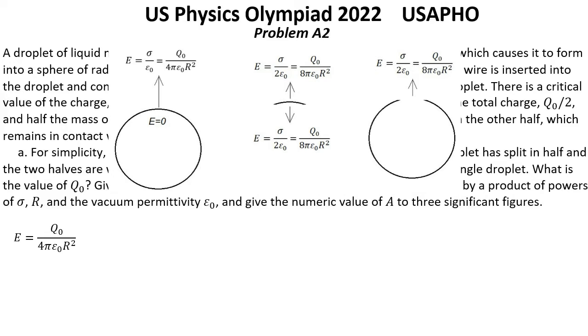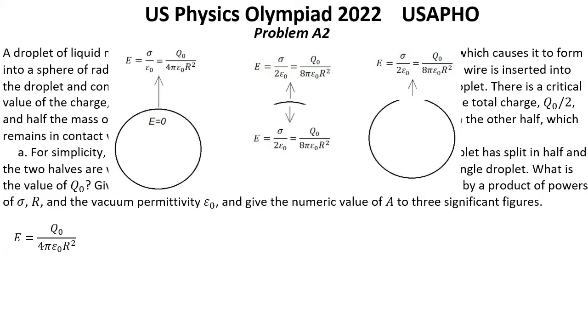We know that the electrostatic field just near the surface of this droplet from outside equals Q0 over 4 pi epsilon 0 r squared. This field is created by a small area delta S and the rest of the droplet surface.